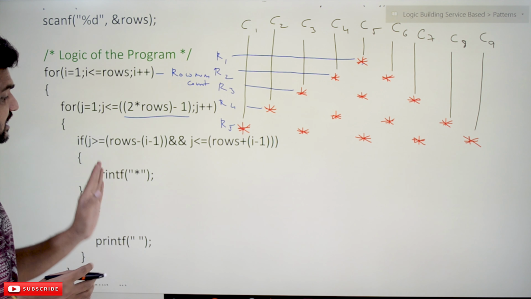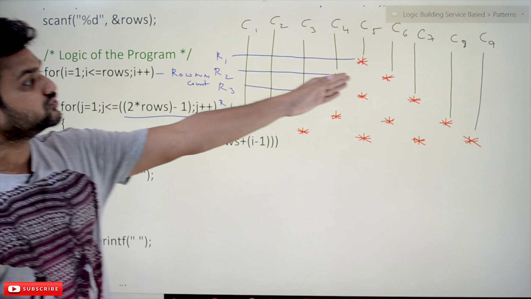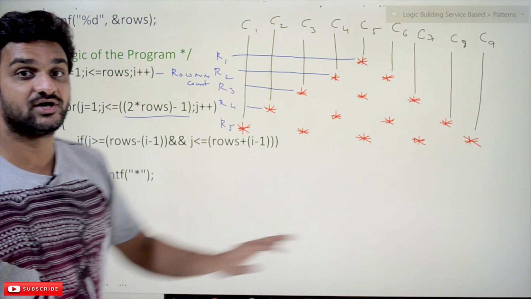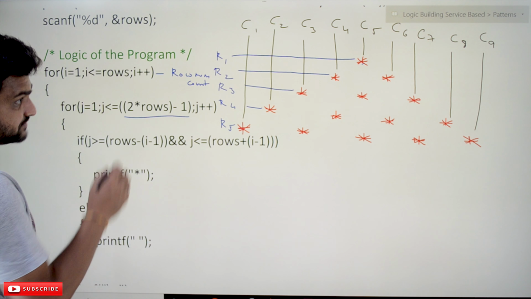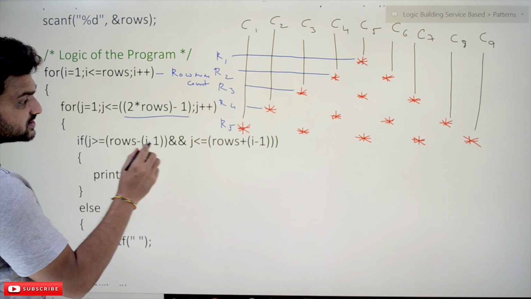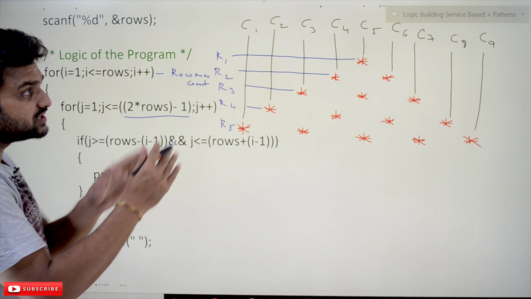Now we are going to convert this full pyramid program into the program for this shape of pyramid. In the full pyramid, j runs between particular numbers.